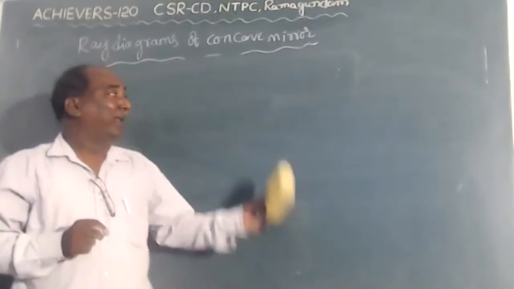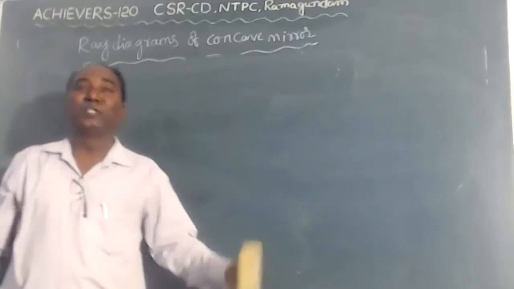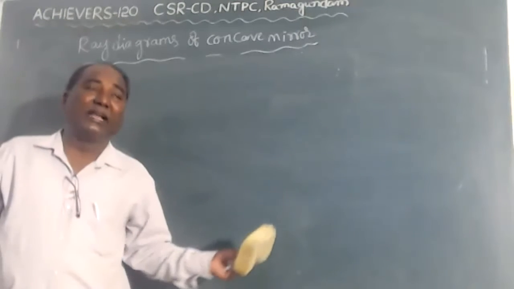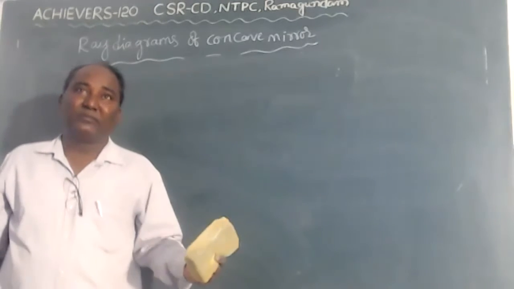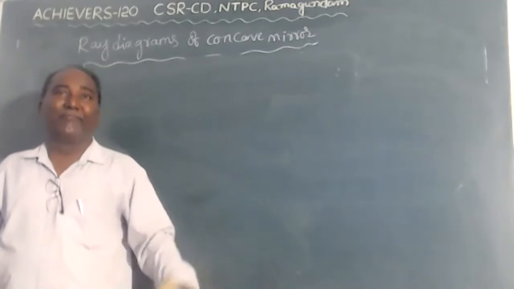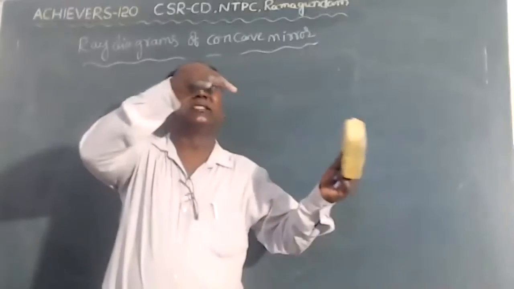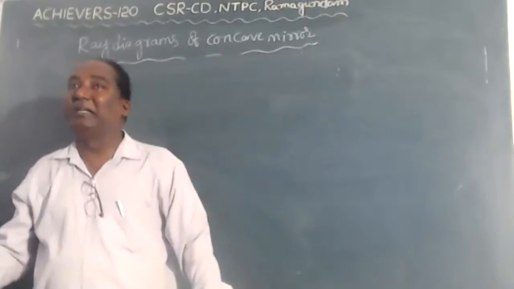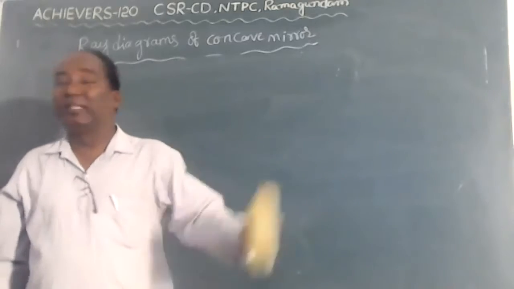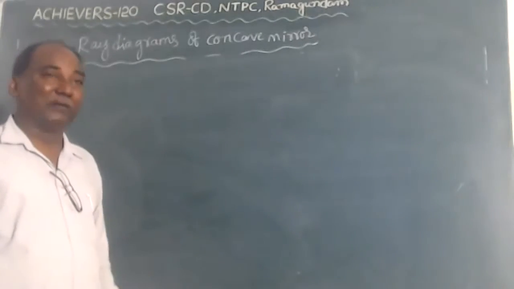Next: when the object is placed beyond C, the image forms between F and C, a real image, inverted and diminished. When the object is placed on F, the image forms at infinity because the two reflected rays move parallel to each other. They are not intersecting. So that's why the image forms at infinity. These are the main important ray diagrams of the concave mirror.